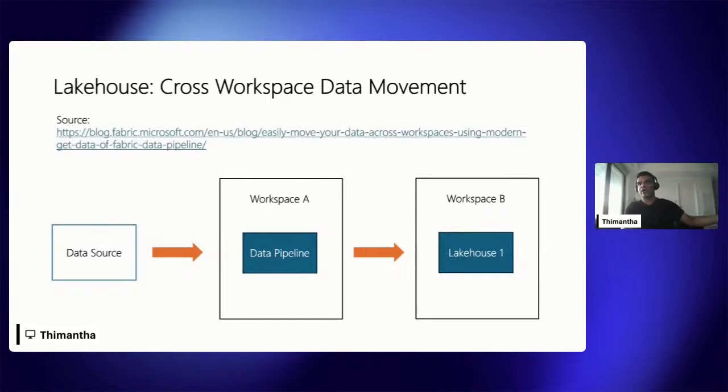Let's say you have a lakehouse residing in workspace B, and a pipeline that resides in workspace A. The data pipeline can extract or read data from a particular data source and load it to the lakehouse residing in workspace B. This is possible and it is supported for warehouses as well.